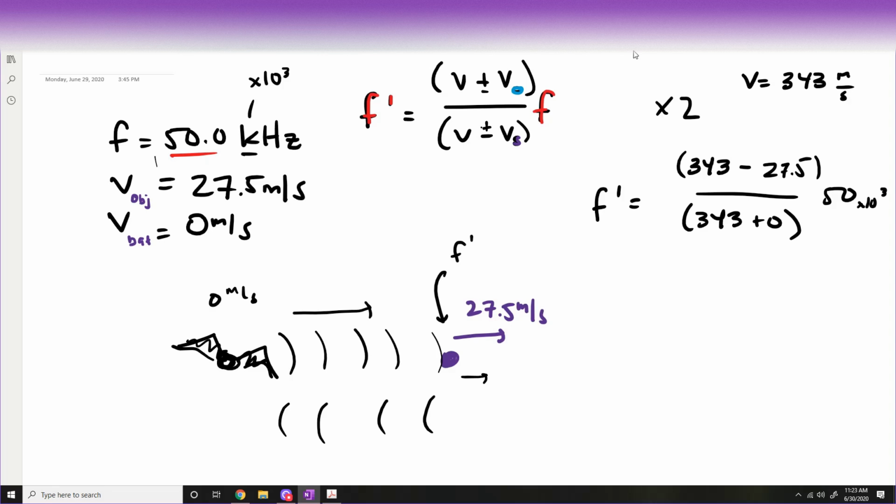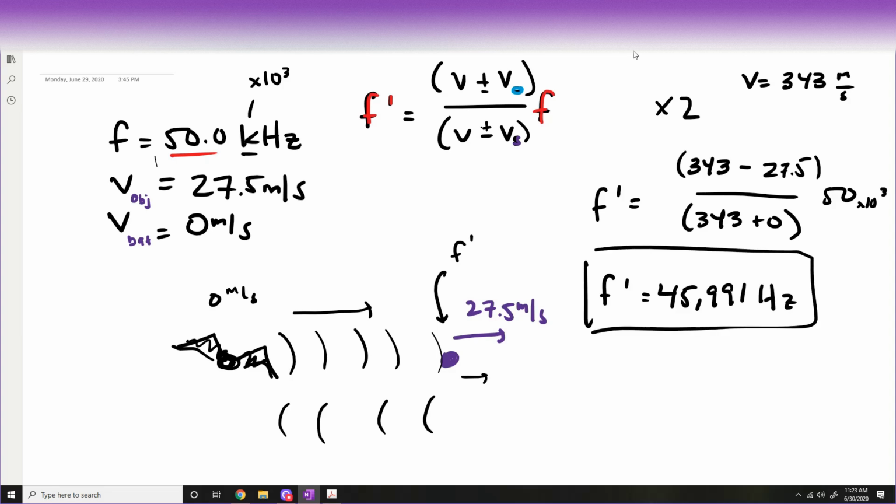Now we plug this into the calculator: 343 minus 27.5, divided by 343, multiplied by 50,000, and we get an apparent frequency of approximately 45,991 hertz.